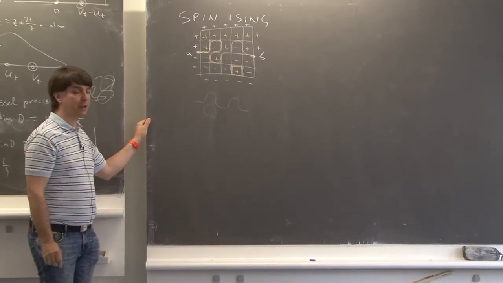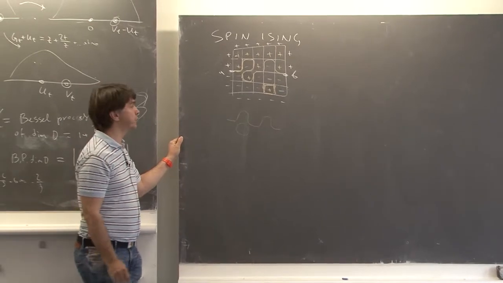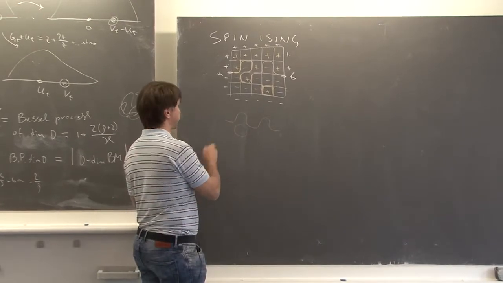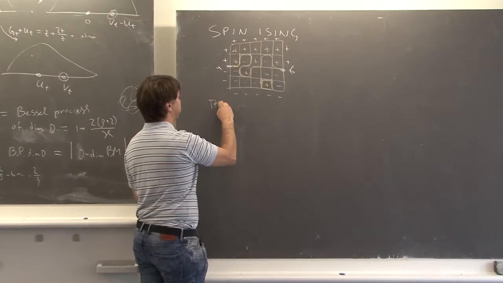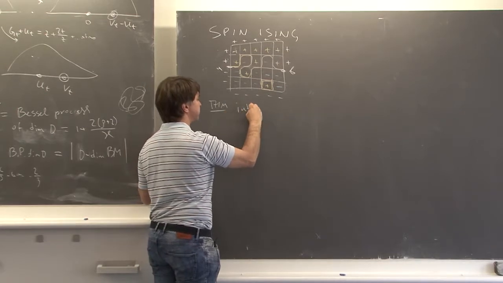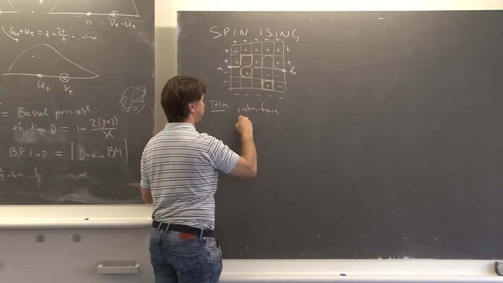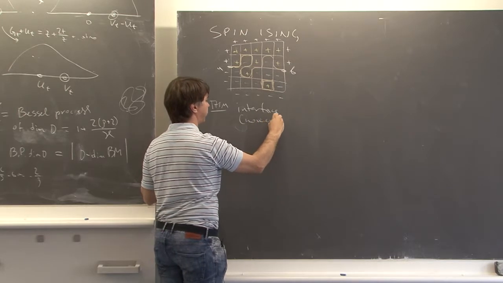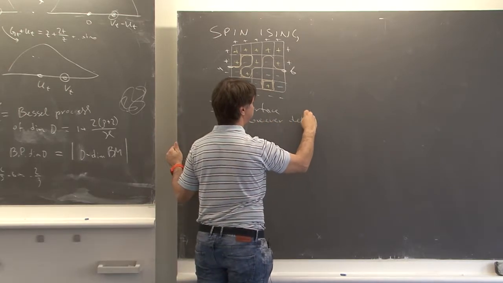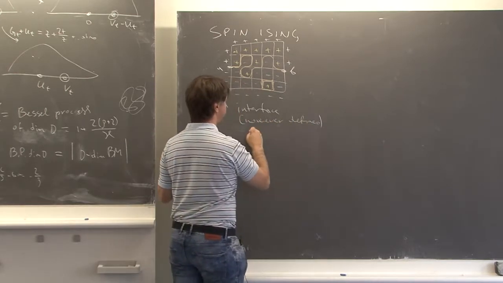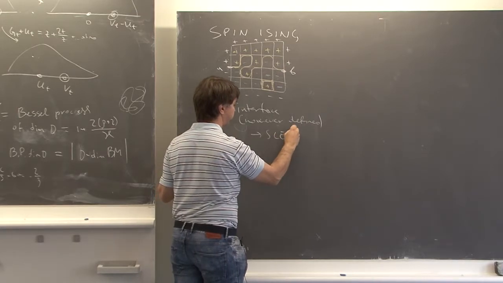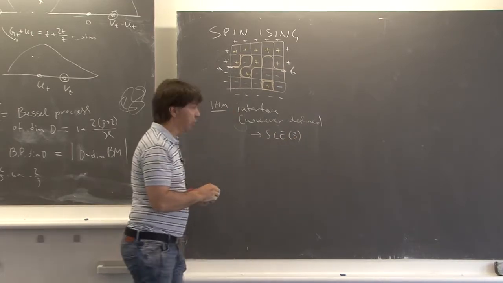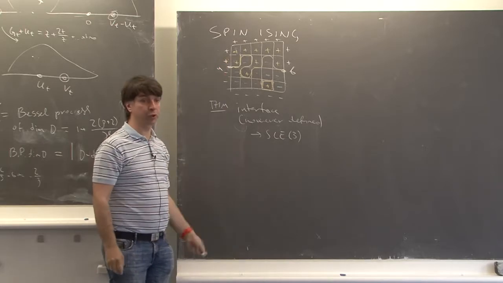In the end, it turns out that it's not important. So the theorem is that the interface, however defined, converges to SLE3. And you can always take a left turn, or you can toss a coin.